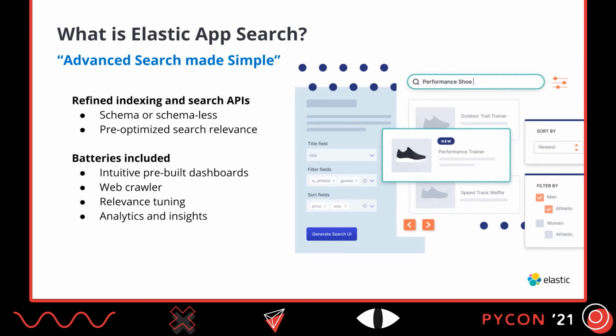App Search also comes with features that aren't provided by Elasticsearch that close the feedback loop when it comes to building and maintaining a search experience. Features like analytics to show what users are searching for, what they're clicking on, and where your search experience can be improved. And then tuning, which allows you to tweak searches on the fly without having to make any modifications to your code. These are features that you'd either have to roll your own or supplement elsewhere if you're using Elasticsearch by itself instead of App Search.